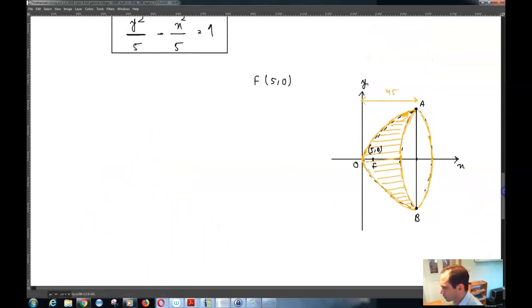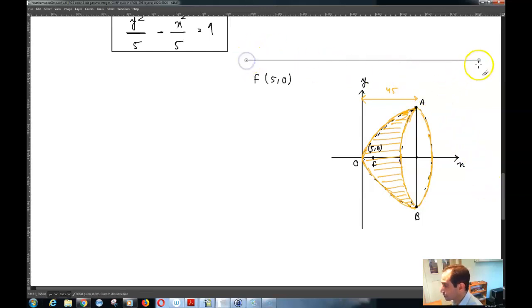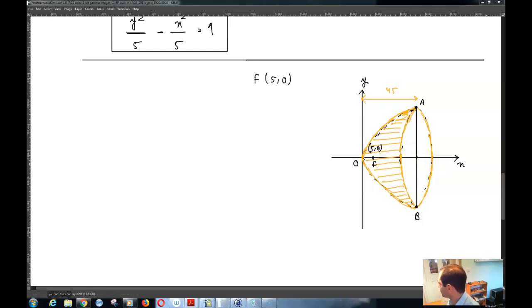So if I come back over here, what the question tells me is that the focus of a parabolic mirror is at a distance of 5 centimeters from the vertex. So this is 5 centimeters. And if the mirror is 45 centimeters deep, find the distance AB. You want to find this distance AB.